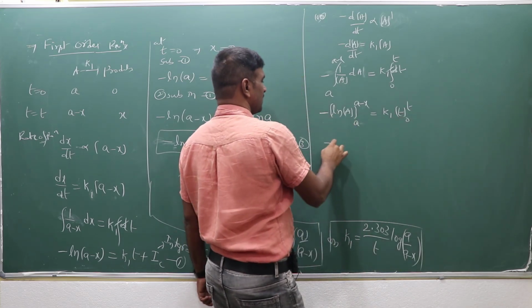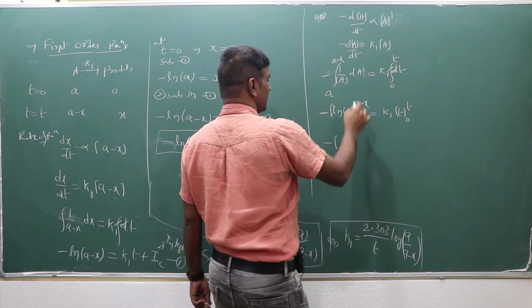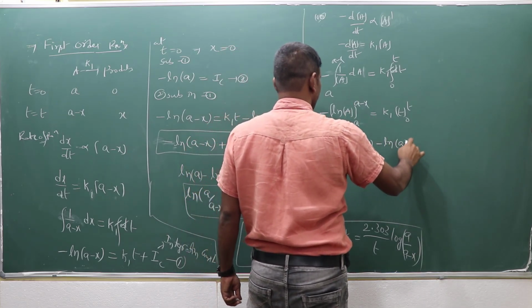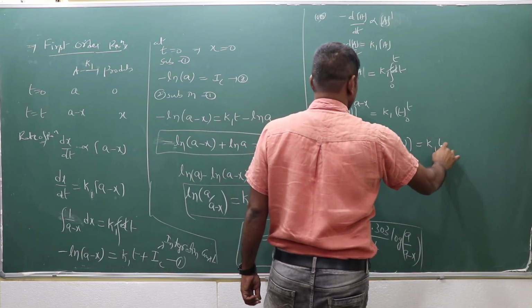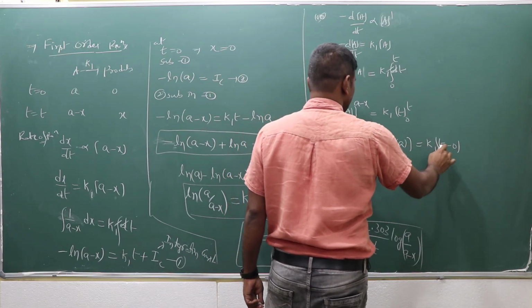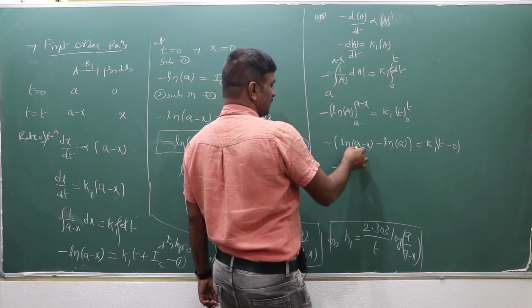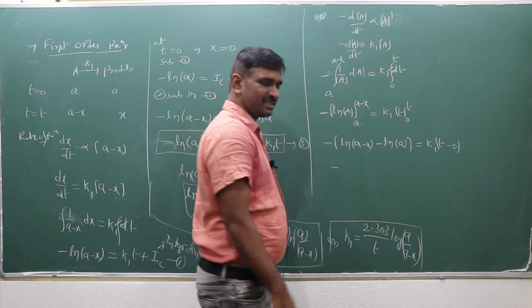In the place of A we substitute A minus x one time and A another time, equal to t one time and 0 another time. So here, this is minus ln A minus x.